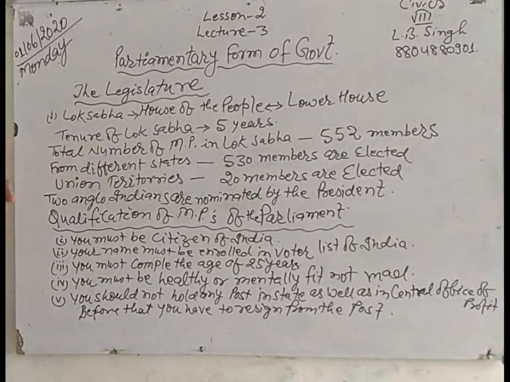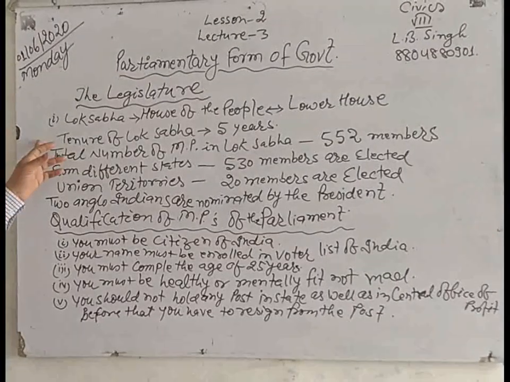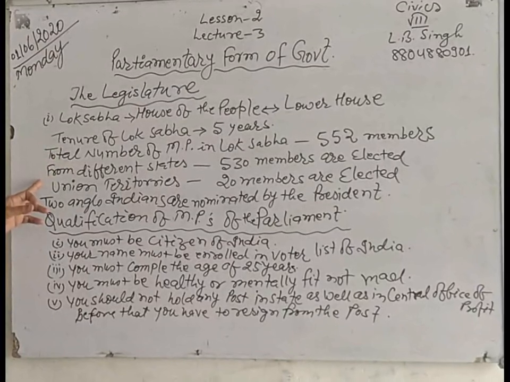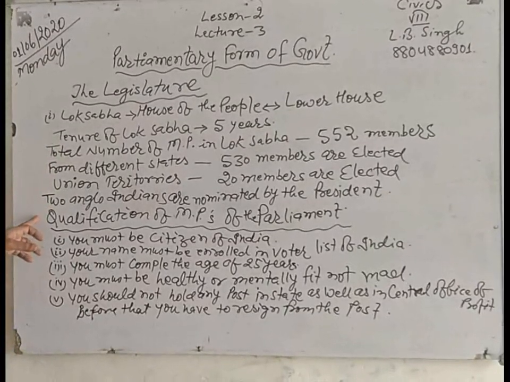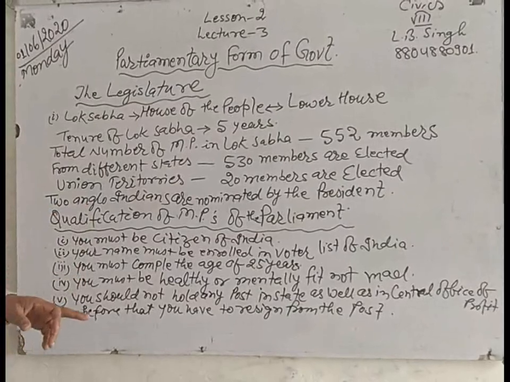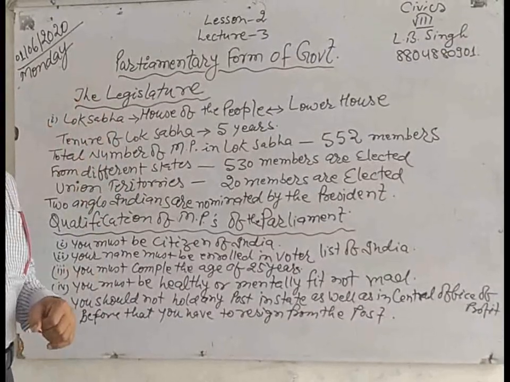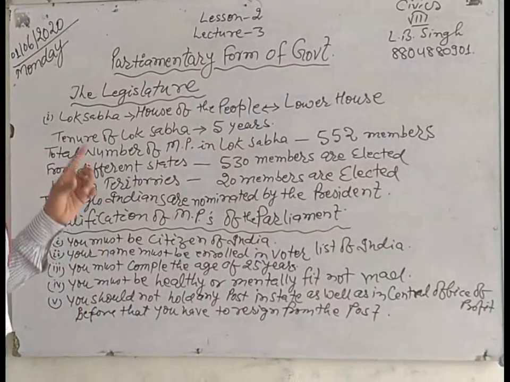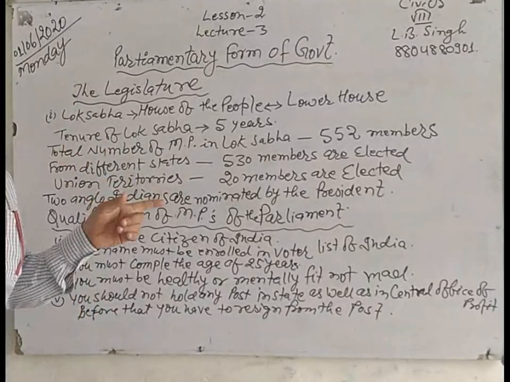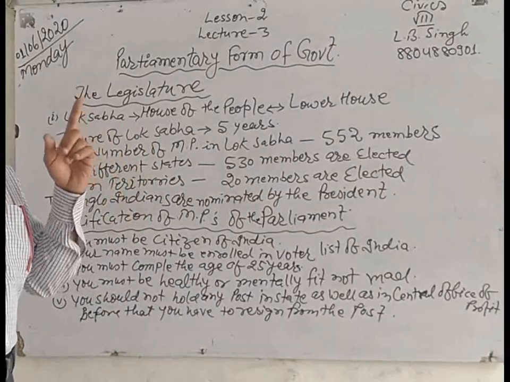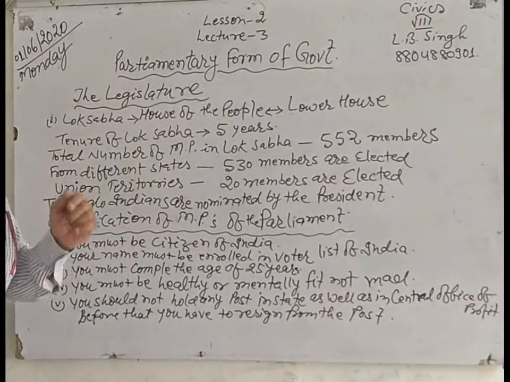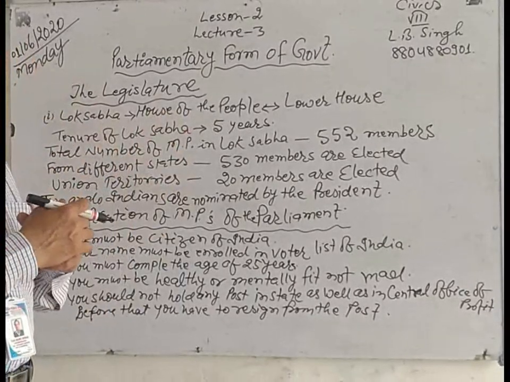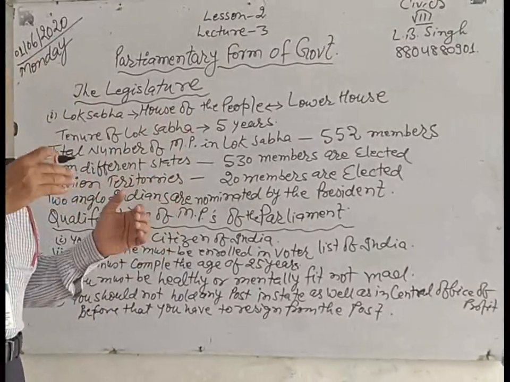In the beginning, I have taught you tenure of Lok Sabha, 5 years, composition of Lok Sabha, it is written, and what is the qualification for MPs in our country. You know this thing, this house will be dissolved by the President of India if there is no majority of the ruling party.